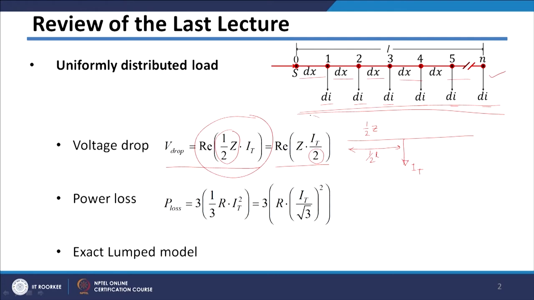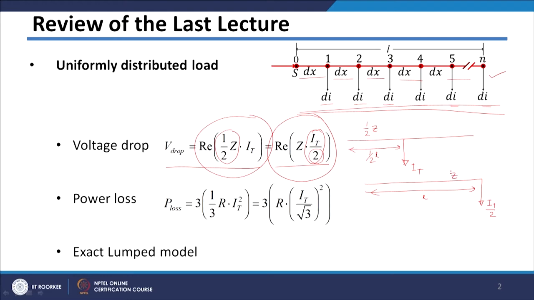And if you see the second, this tells you can lump total load at the end, but the load lumped at the end should be IT by 2. So, in this configuration, you can lump this load at the end. The total current lumped at the end will be IT by 2, and in that case total distance will be L, so total Z will come into picture.